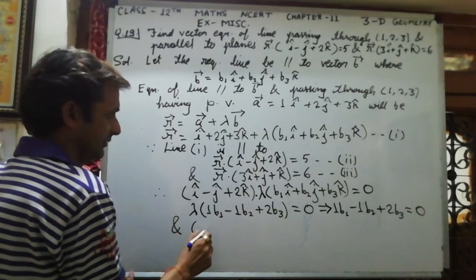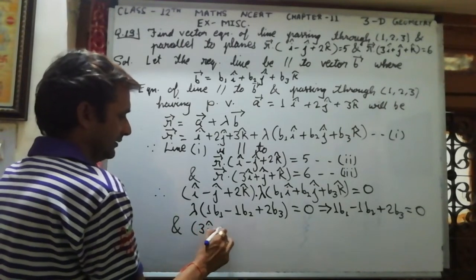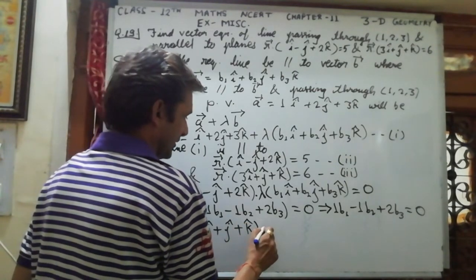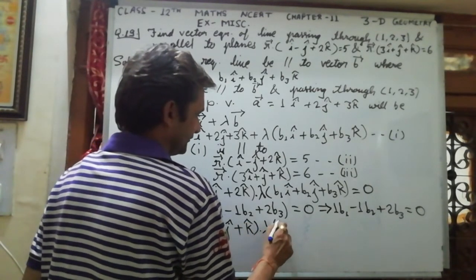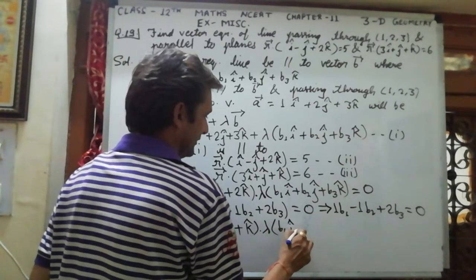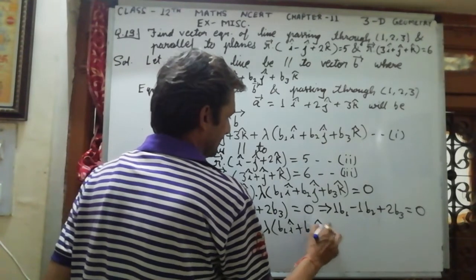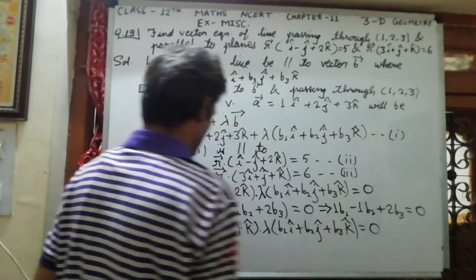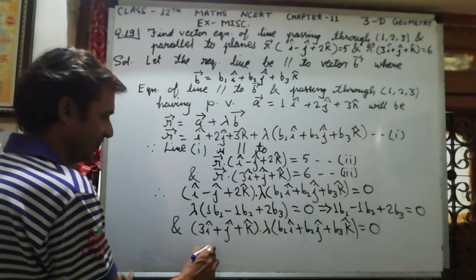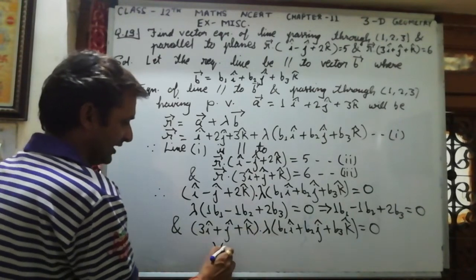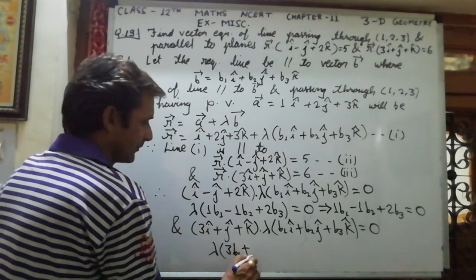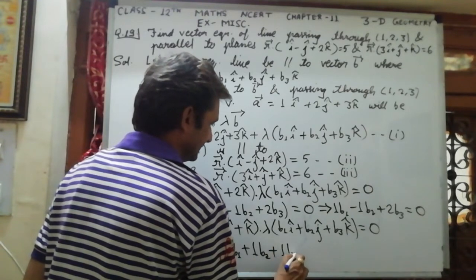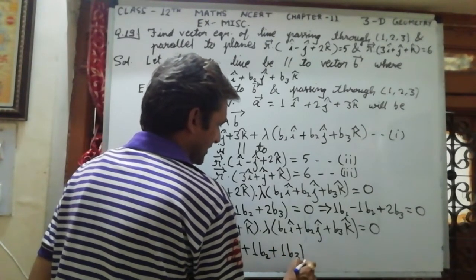That is, (3i plus j plus k) into lambda into (b1 i plus b2 j plus b3 k) is equal to 0, which we may write as lambda b1 into 3, that is 3 b1, plus 1 b2 plus 1 b3 is equal to 0.